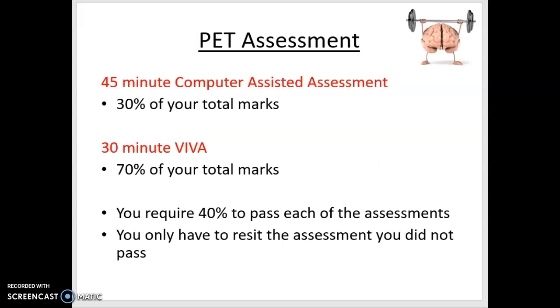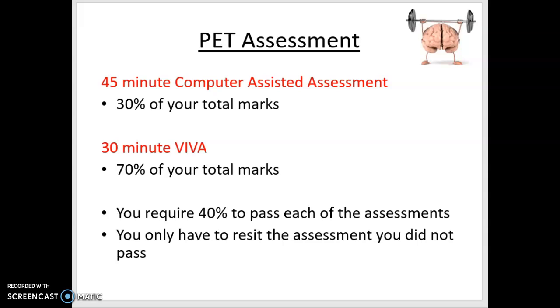So the PET assessment consists of a 45-minute computer-assisted assessment, the CAA, of which you'll be asked lots of questions in a short period of time. That is an online assessment, and that makes up 30% of your total marks in the PET module.